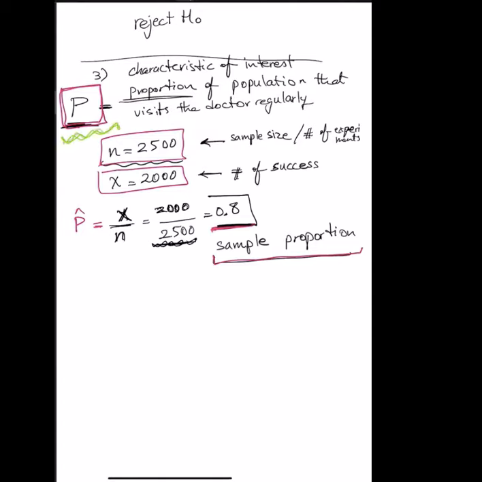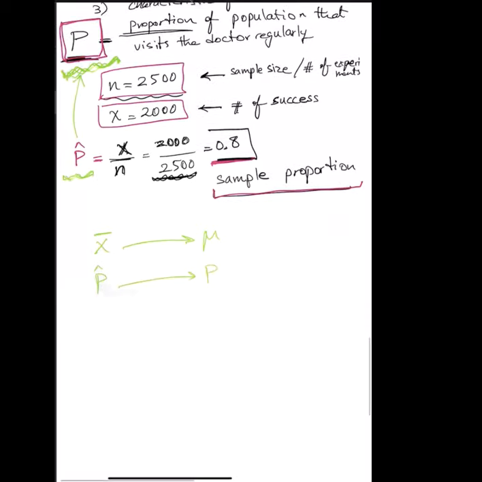What kind of inference can you make about the proportion of people that meet their doctors regularly in the population? That's what we want to do. Statistical inference, again. I look at the proportion of the sample to say something about the proportion of the population. Similarly, we look at the average of the sample to say something about the average of a characteristic of interest in the population. I want to do the same: look at P hat and say something about the proportion of a characteristic of interest in the population.